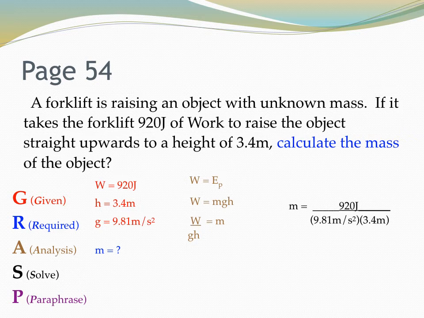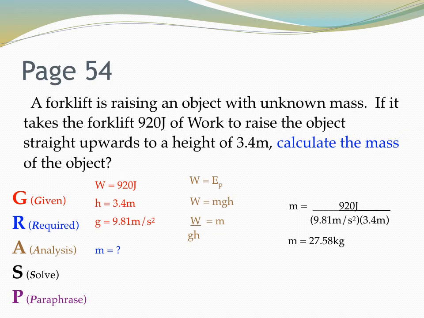Okay, so if we just plug in these numbers, we will see that mass equals 920 joules over 9.81 meters per second squared times 3.4 meters. We're just plugging those numbers right in there. And that'll give us this fancy number right here. 27.58 kgs is what my calculator says.